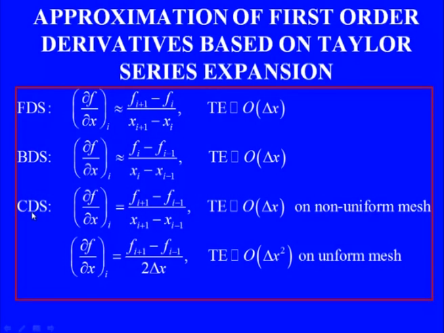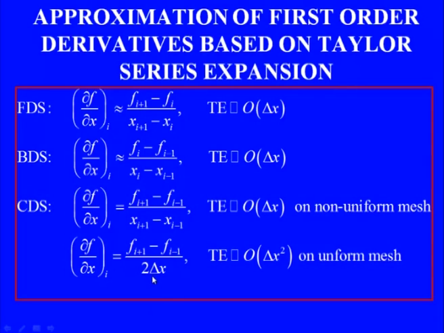Next, we had obtained an expression for central difference scheme, del f over del x at i is equal to f_{i+1} minus f_{i-1} divided by x_{i+1} minus x_{i-1}. This is what we get when we expand the terms delta x_i plus delta x_{i-1}, and this scheme is formally first order accurate. It is order of delta x on a non-uniform mesh, but has a much smaller error coefficient or truncation error value compared to our forward difference or backward difference truncation error.